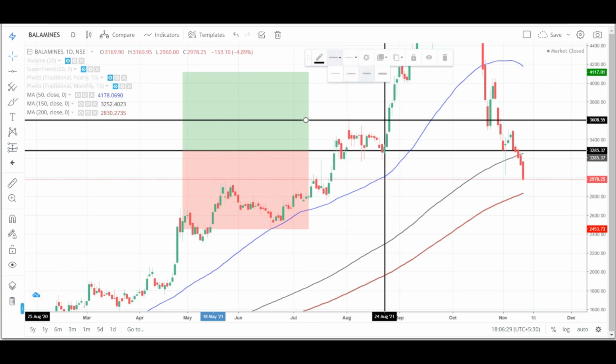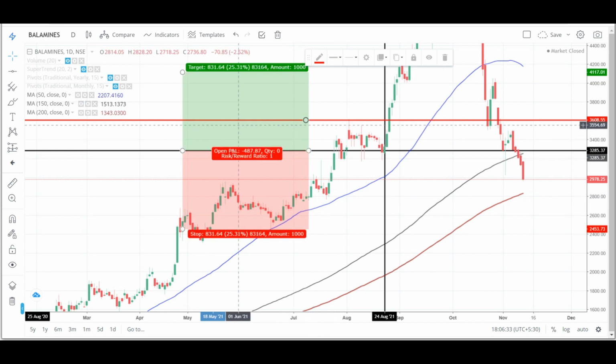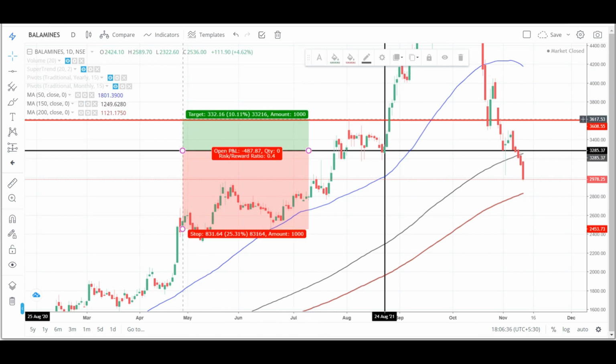Let me color that with red. We can see that when I took the trade, the stock price was actually within 25% of the 52-week high. So clearly it satisfies the sixth criteria.